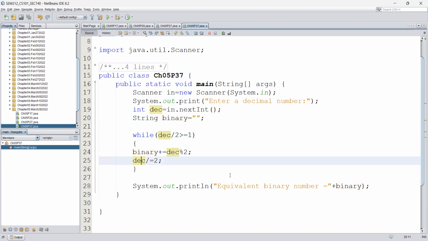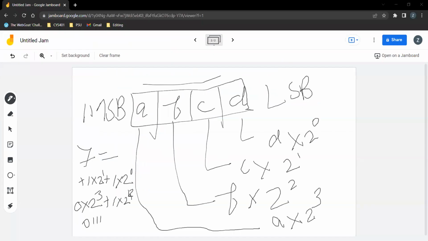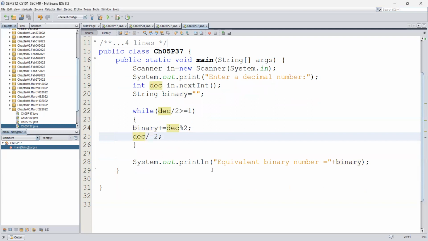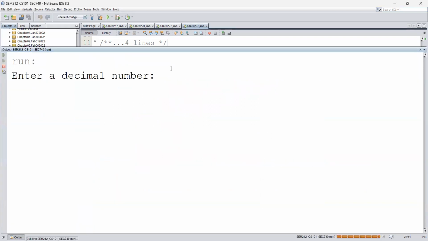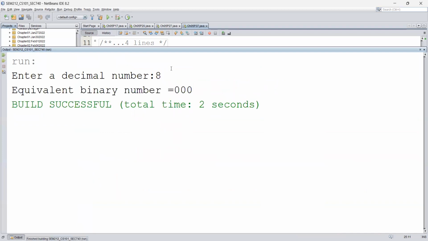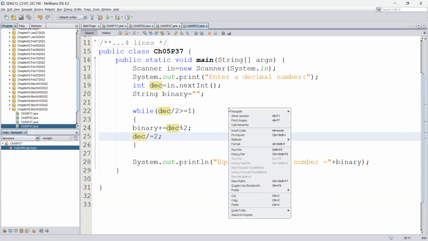Okay. The last bit is not coming. The last bit is not coming.